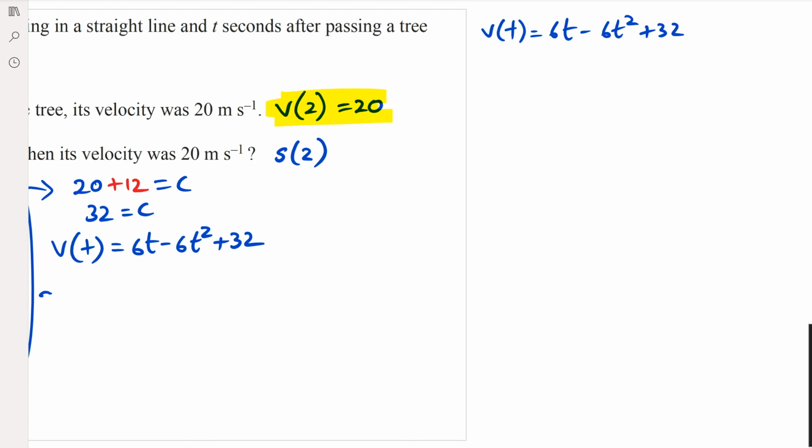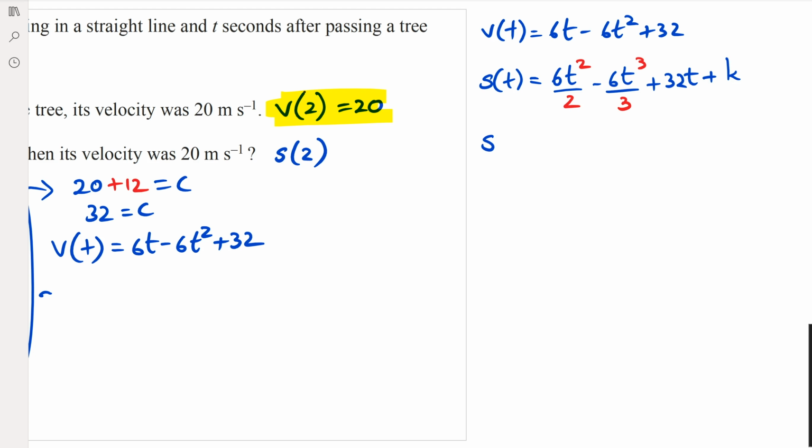When I integrate this, which is going to be s of t, I'm going to get 6t squared over 2 minus 6t to the power of 3 over 3 plus 32t, and plus another constant. Maybe I'll call it k this time, for example.